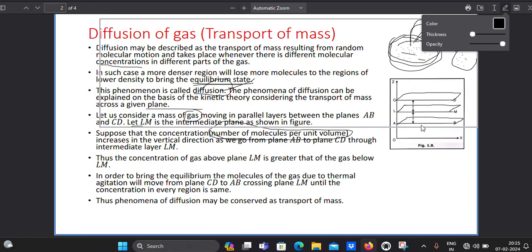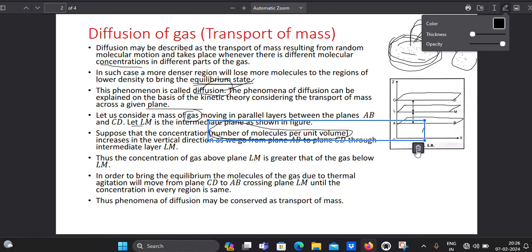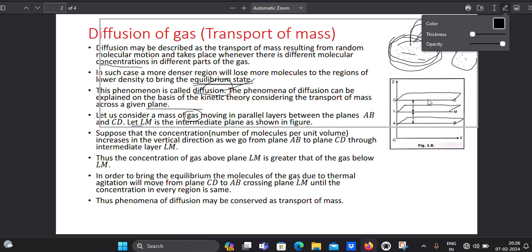So the AB plane has low density, and the CD plane has high density. That means as we move from bottom to top, density increases, and if we move from top to bottom, from CD to AB, density decreases.